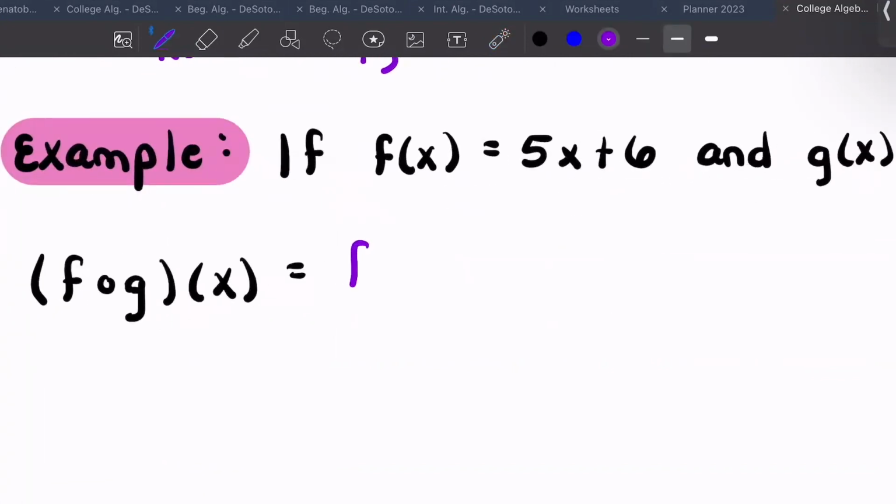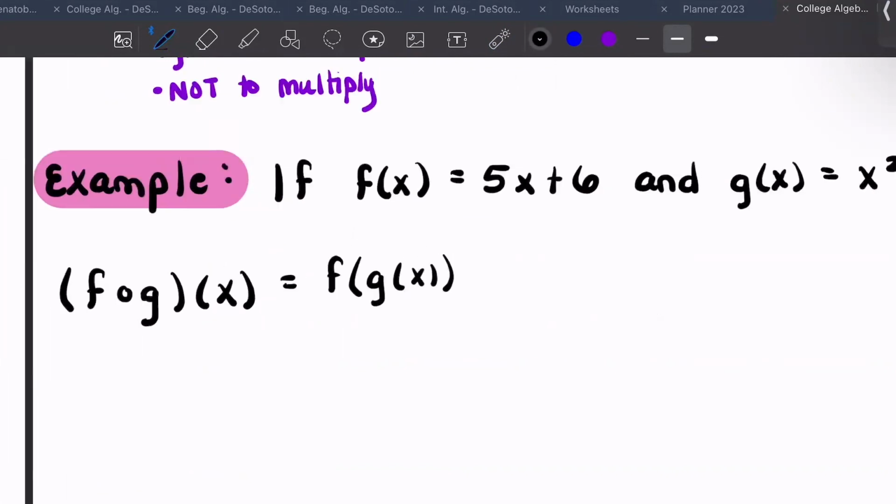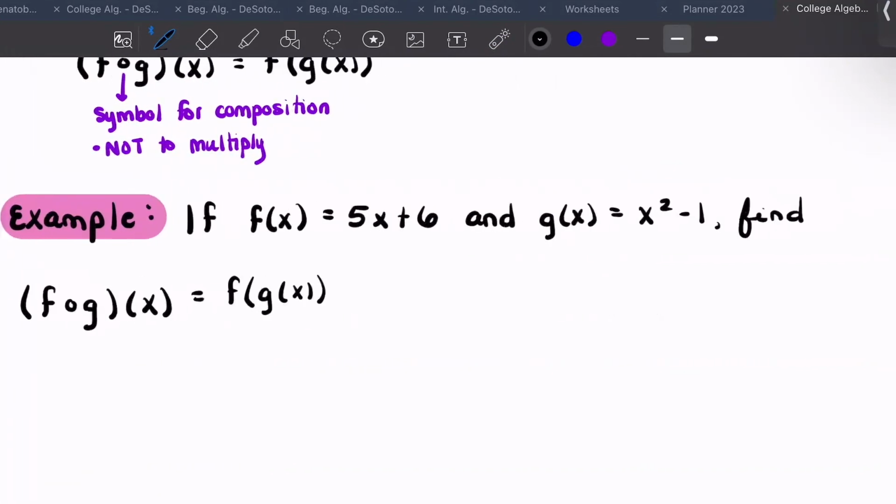Here's your f of x and your g of x. F of x is 5x plus 6. G of x is x squared minus 1. So your shell is going to be f. So you're going to have 5, and then wherever there's an x in your f, you're just going to leave parentheses and finish out your f of x.